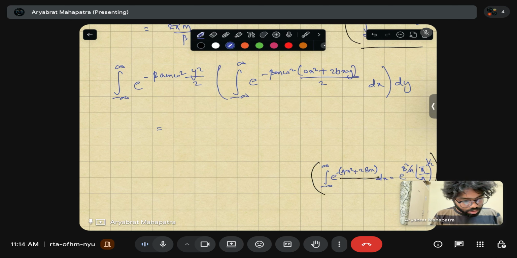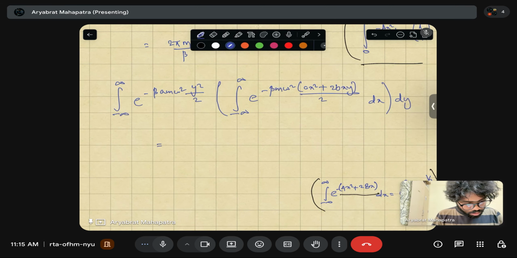Okay, so if you solve this one, let's see this part first.